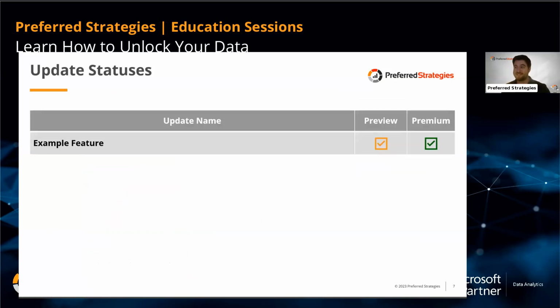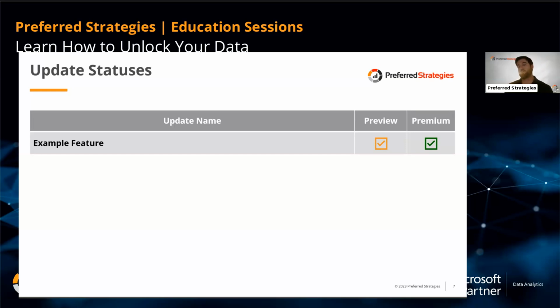So as far as update statuses, we've denoted two categories, one for preview and one for premium. So for preview features, we always want to let customers and people know that these features are just that, they're in preview.